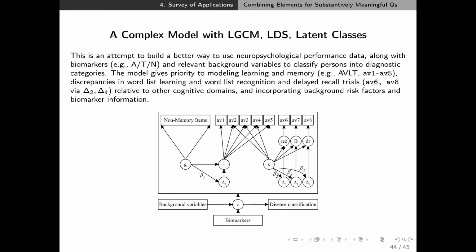And here's a factor. So this non-memory items, this is meant to represent multiple different cognitive test scores on other tests that are not memory related. We could have a nice summary factor that summarizes performance there.